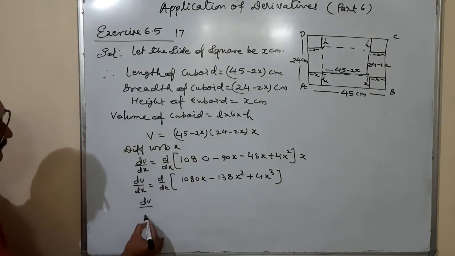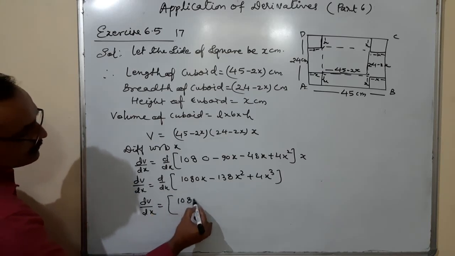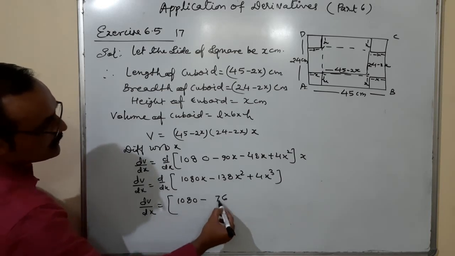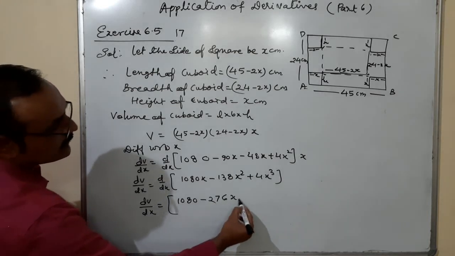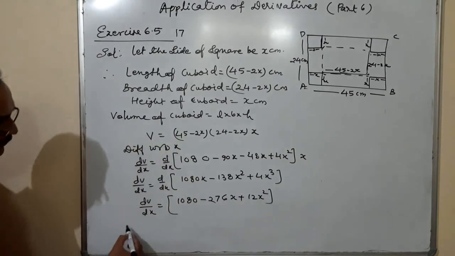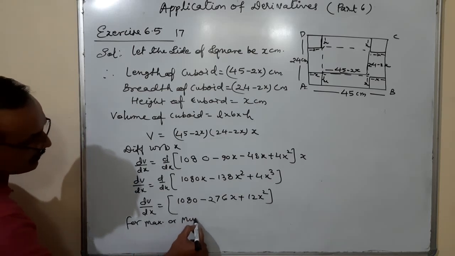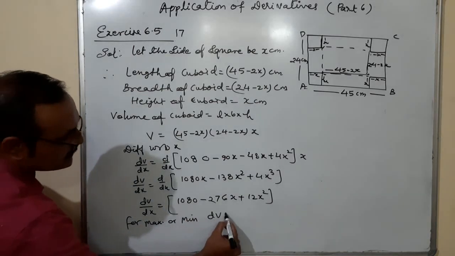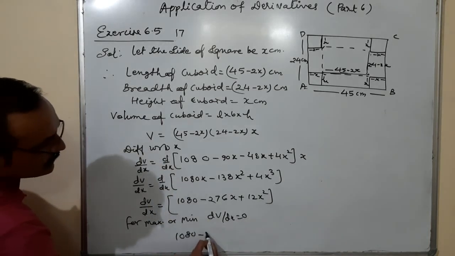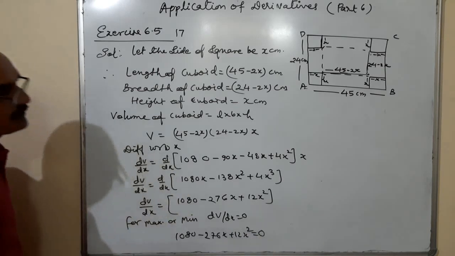So dv by dx is equal to 1080 minus 276x plus 12x square. And for maxima or minima, dv by dx is equal to 0. So 1080 minus 276x plus 12x square is equal to 0.